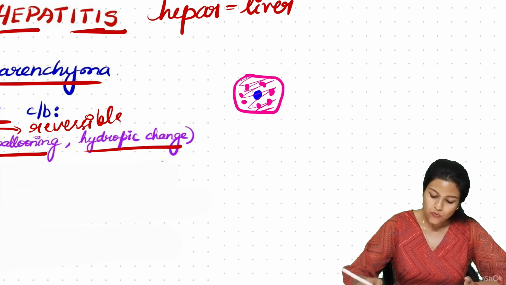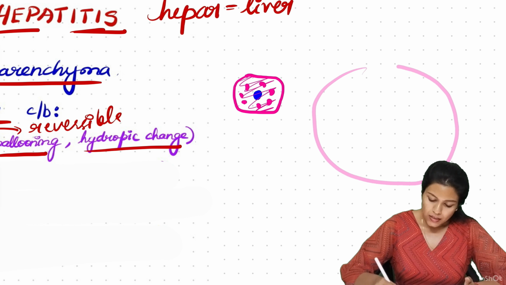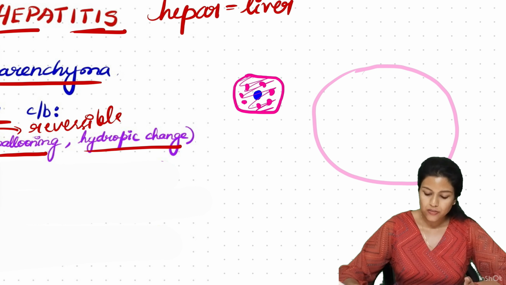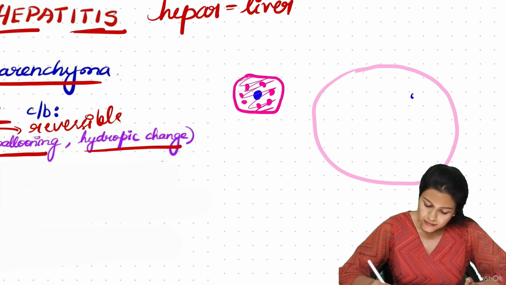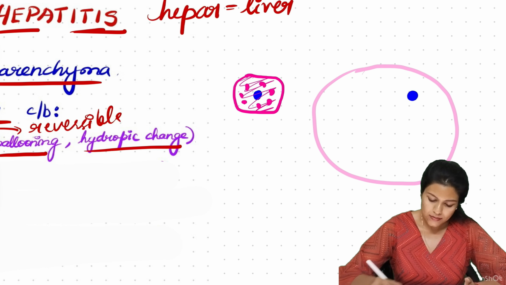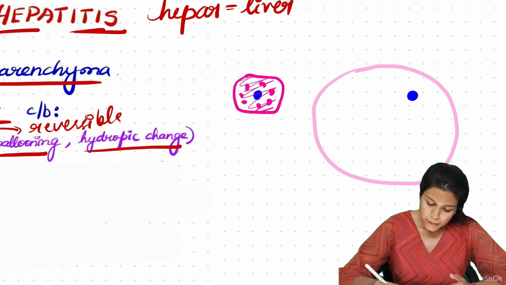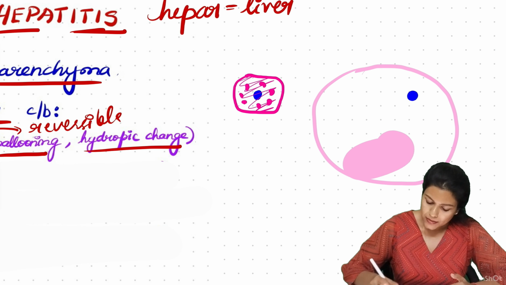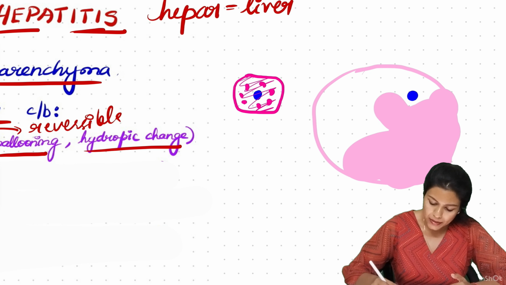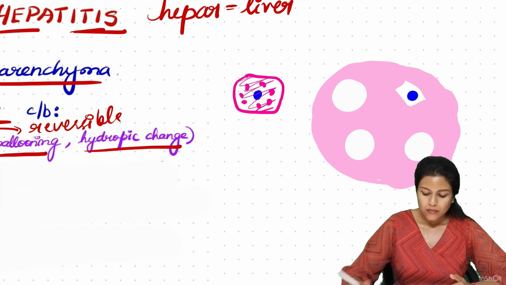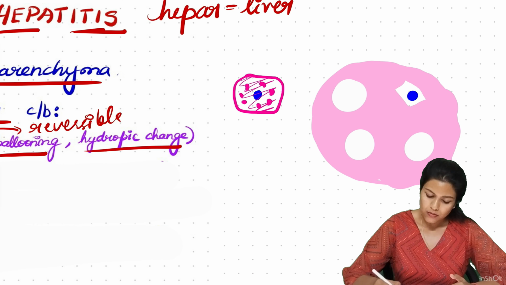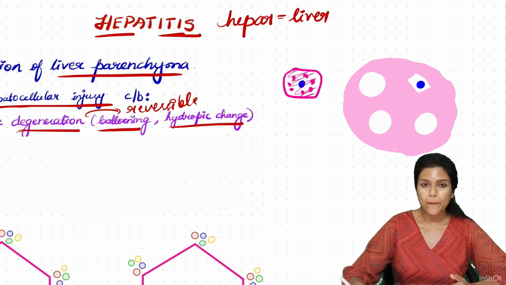When the cell gets swollen, it becomes large, it loses its normal polyhedral shape, the nucleus gets displaced, and the cytoplasm becomes pale eosinophilic. It may become vacuolated; there can be vacuoles in the cytoplasm. This is the hydropic change of a hepatocyte.